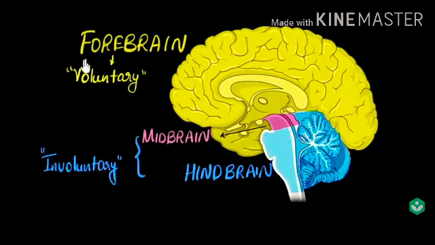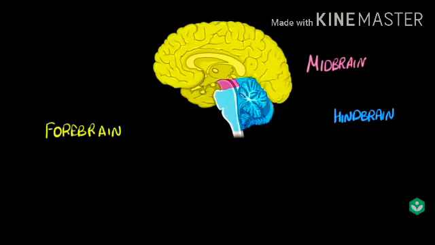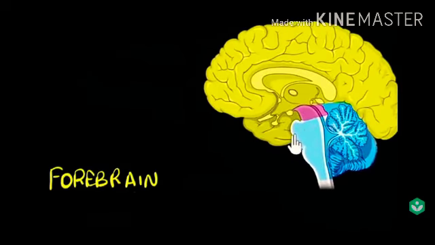With this in mind, let's look at the functions and the parts in a little bit more detail. So let's zoom out a little bit, and I've made some space so that we can write more parts. Let's start with the forebrain. If you look at the forebrain, you can again see two sections of it. The outer section, which contains a lot of folds, and the inner section.